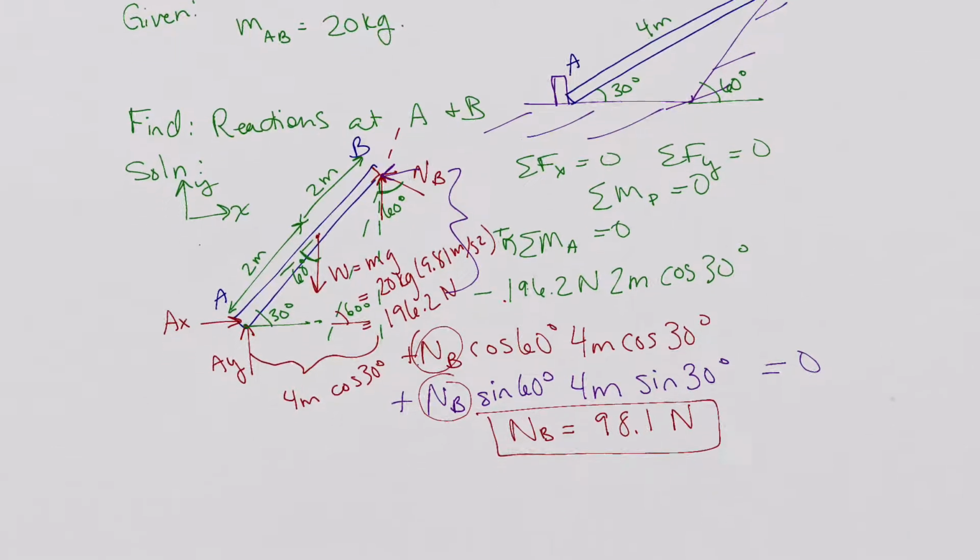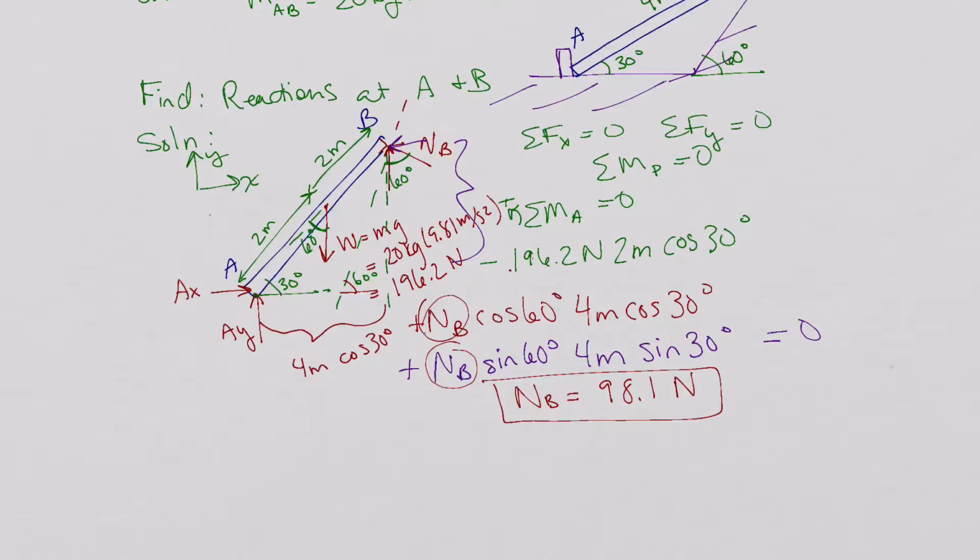And then now we can just do our other two equations. So we can sum the forces in the x direction equal to 0. So that equals AX, which we don't know, and then W is not in the x direction at all. And then that x component of the NB, so that x component of the NB is minus NB, which is the 98.1 newtons.